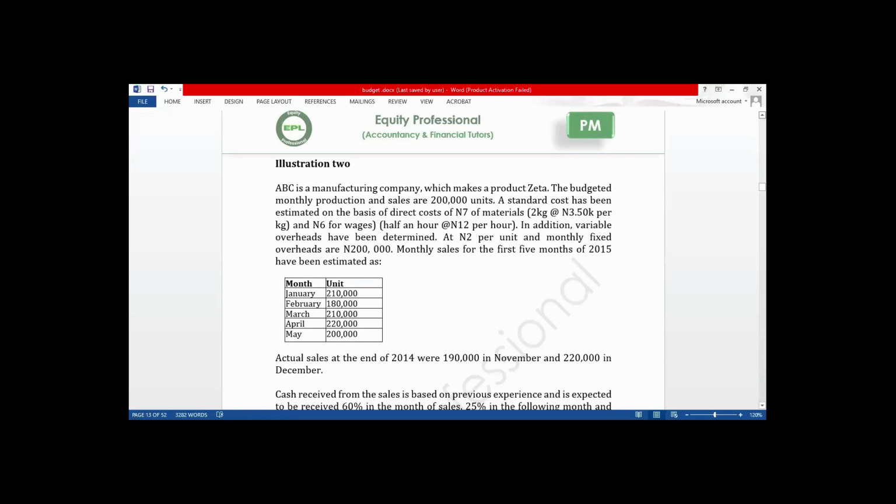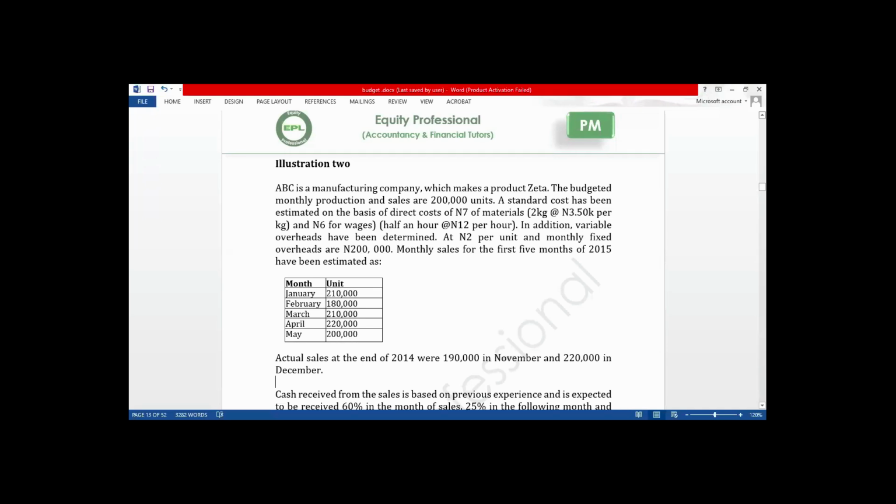ABC is a manufacturing company which makes a product data. The budgeted monthly production and sales are 200,000 units.